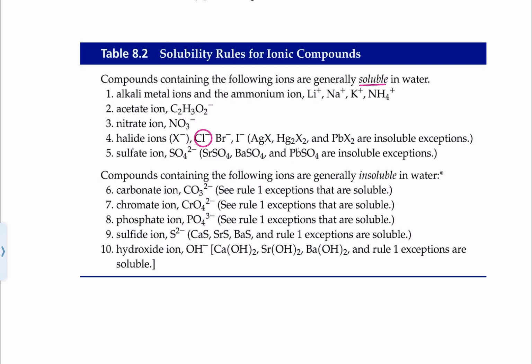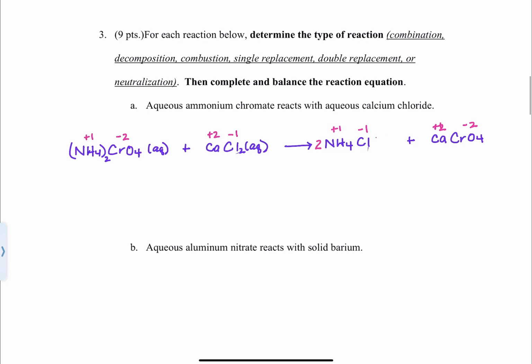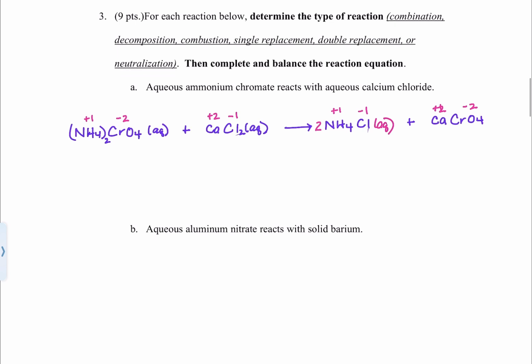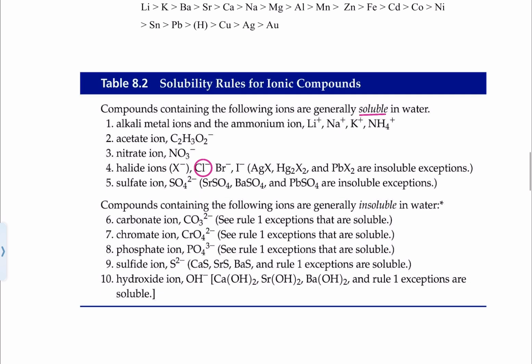We do not have any silver, mercury, or lead bound to our chlorine atom, so I think we are good to go. We are going to be soluble, which means that that's going to be an aqueous product. So now we can write in AQ. Okay, calcium chromate. Let's go in and look at calcium chromate.